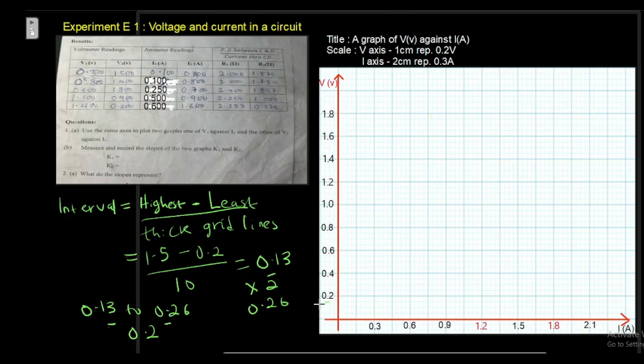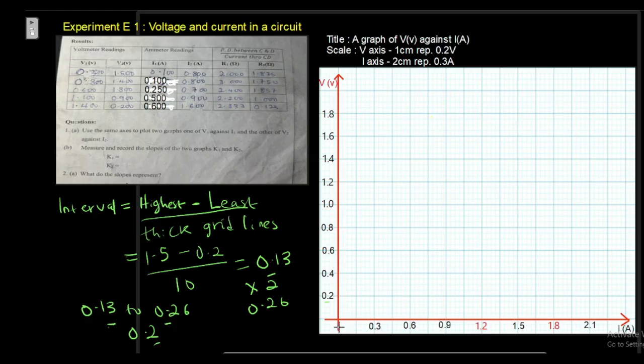So we're going to check now if a 0.2 interval is going to cover all our readings. So we have 0.2, 0.4, 0.6 up to 1.8. The highest value here is 1.5, so you can see that 0.2 can actually cover everything. And then the least value is actually 0.2. So that's how we got the scale to be 1 cm represents 0.2 volts.